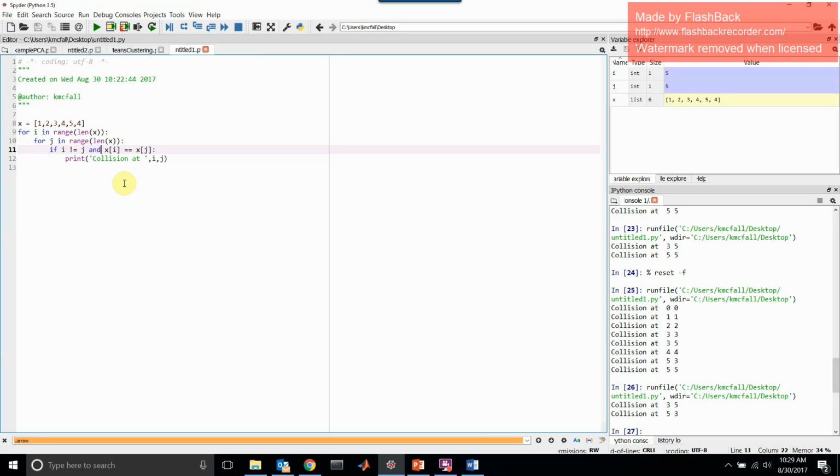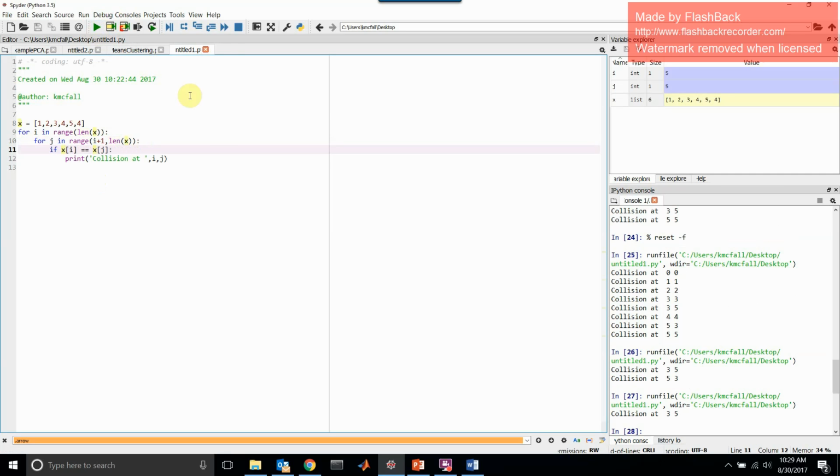So what you could do here is have the second loop start at i plus 1. Then you don't even need this guy, and you won't have self collisions.